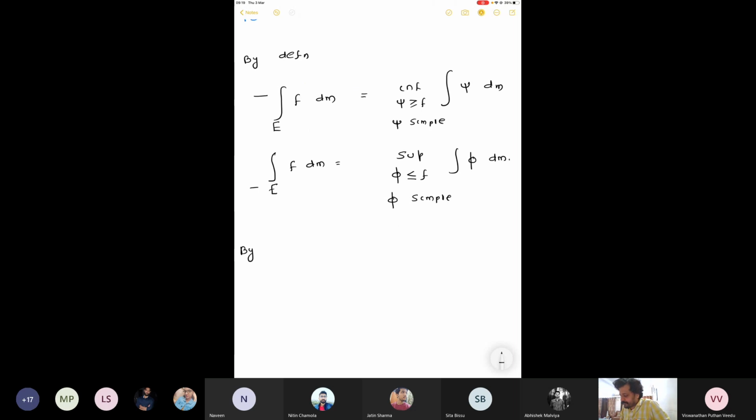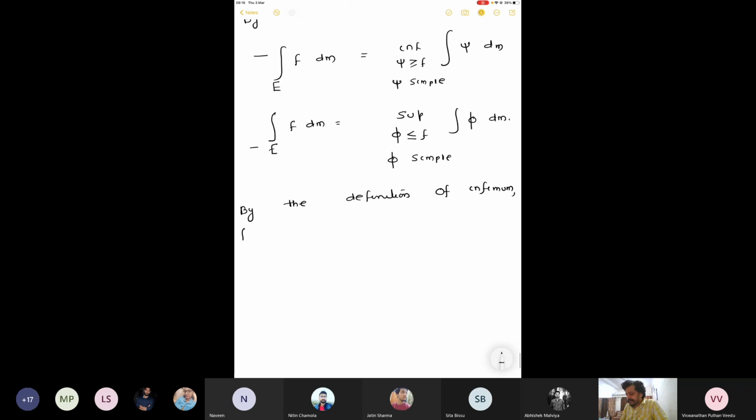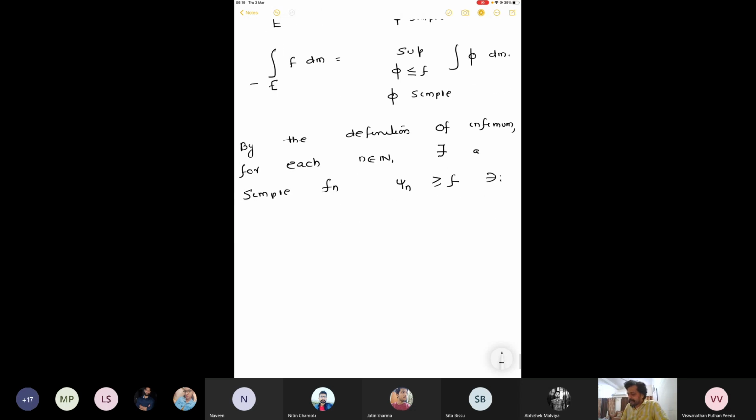Then by the definition of infimum, for each n in N, there exists a simple function psi n greater than or equal to f, such that the integral over E of psi n dm is less than the integral over E of f dm upper plus 1 by 2n.